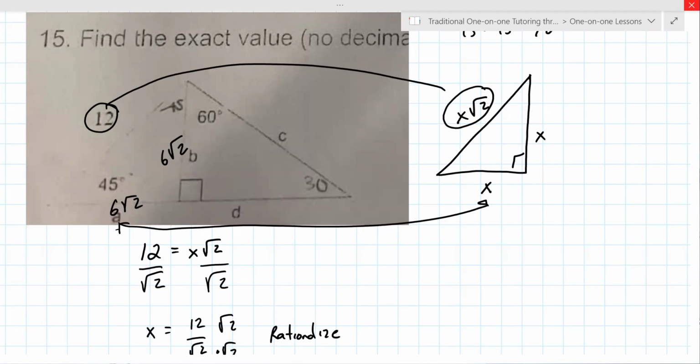You might find them helpful for review. This first one's a 45, 45, 90. The second one is a 30, 60, 90. And then there are even some practice worksheets on there if you want to look at those as well. That could help with this type of problem.